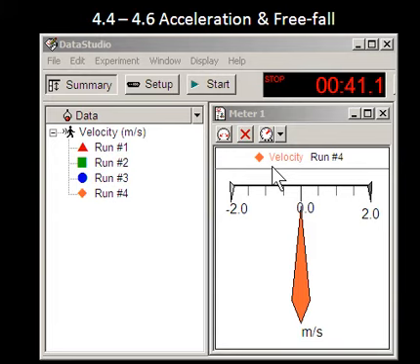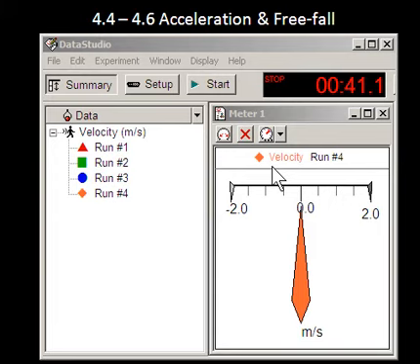The negative number indicates that the cart is moving up towards the detector. It's just indicating the direction. So we'll see it have a negative velocity that's decreasing until it reaches 0 velocity at the top of the ramp. And then the velocity increases, moving away from the detector, so positive, coming back down the ramp.